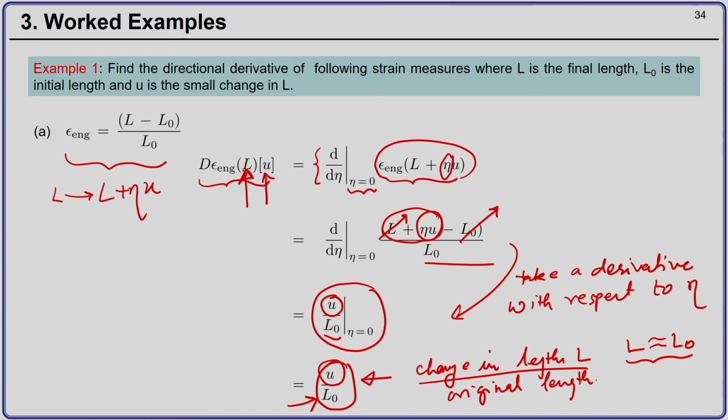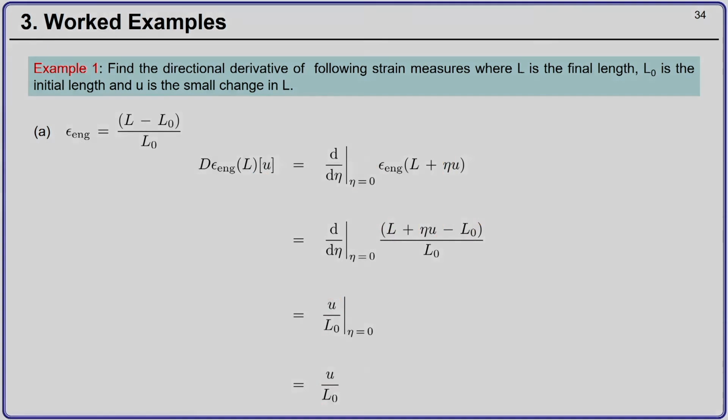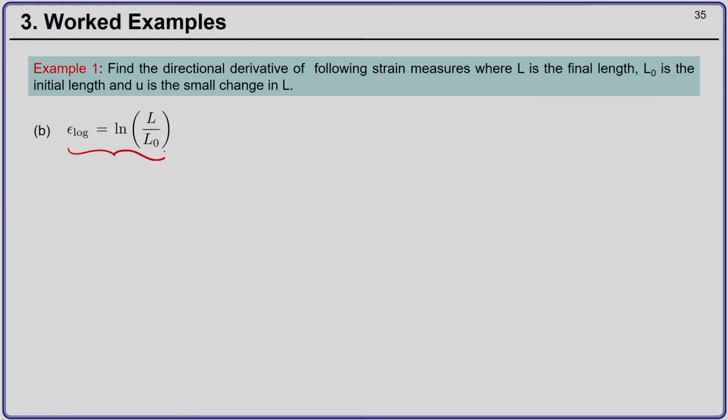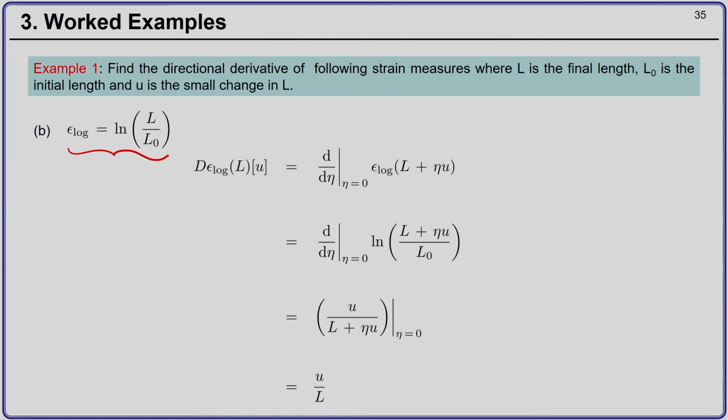Next, we come to what is called the logarithmic strain or the actual true strain. So, this is given by the natural log of the ratio of final length to initial length, and to compute the directional derivative of logarithmic strain at length L, in the direction of u, we will follow the usual procedure, which is given here.